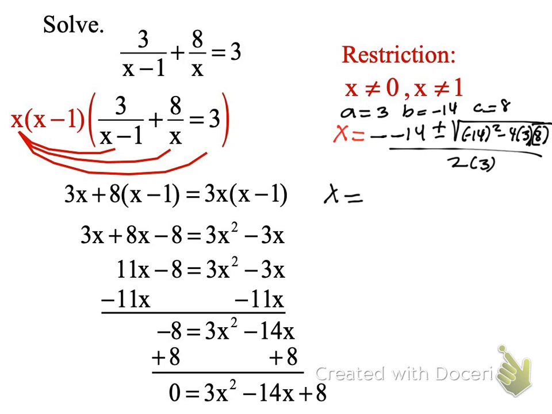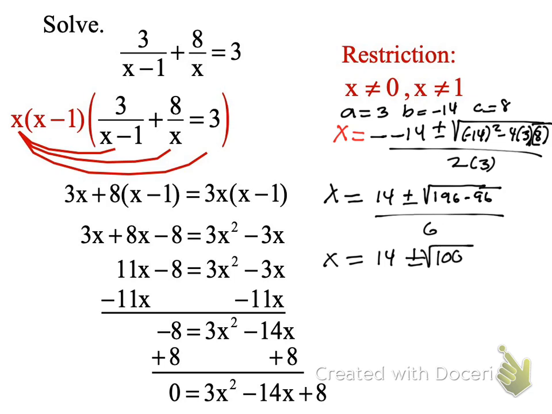So x equals 14 plus or minus the square root of 196 minus 96. Ooh, love that. All over 6. So x equals 14 plus or minus the square root of 100, all over 6. X equals 14 plus or minus 10 over 6.